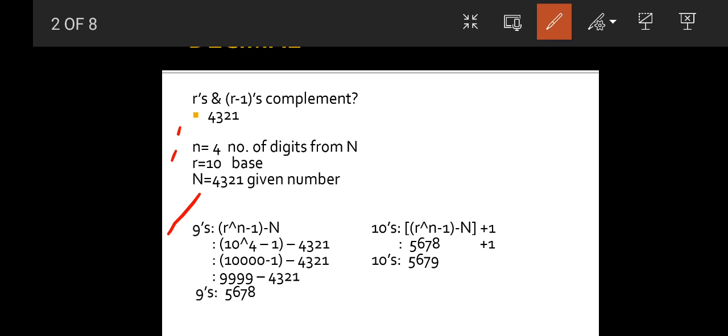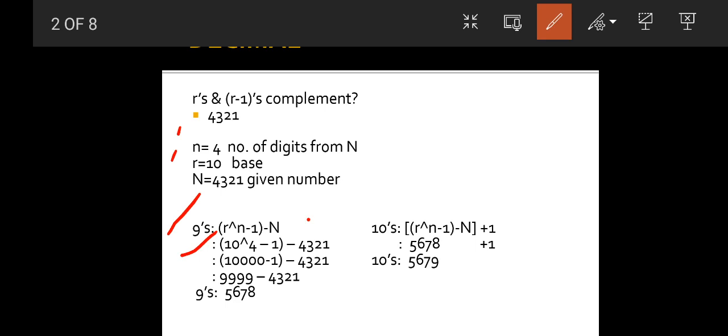Then after that, you have to substitute the values into the formula of your diminished radix complement. So you have 10 raised to the power of 4, minus 1, minus your big N, which is 4321.